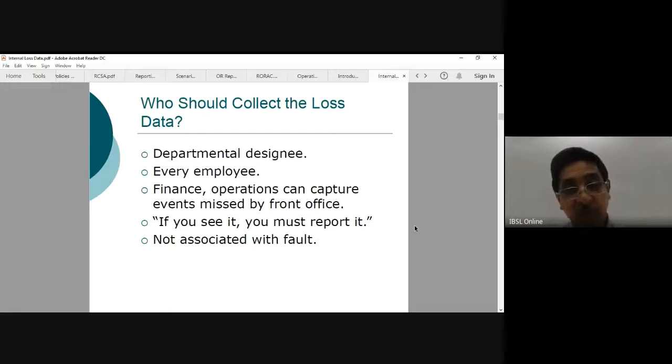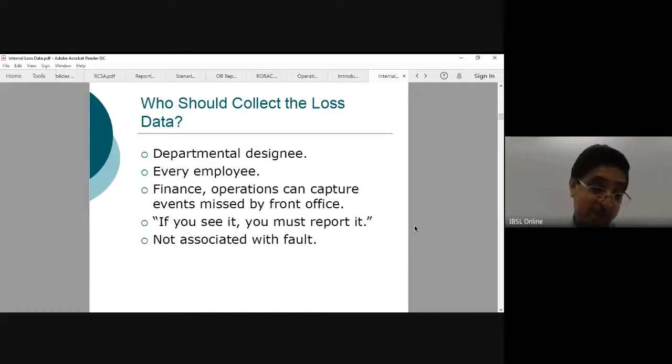If you see it, you must report it. That is the underlying principle. But it is not associated with any faults. You are not going to find fault with anyone. You have observed something and you report it. That's all. It is not that you are going to find fault with someone else.